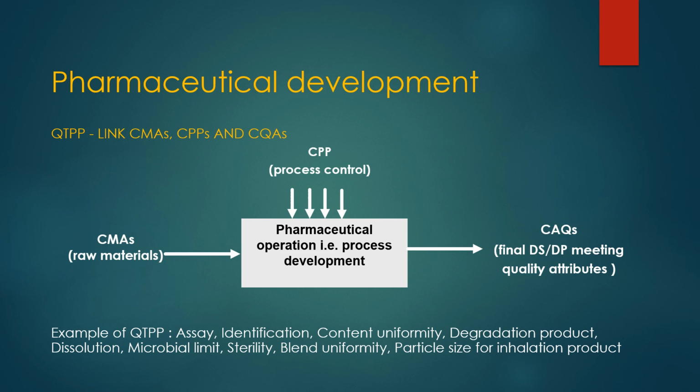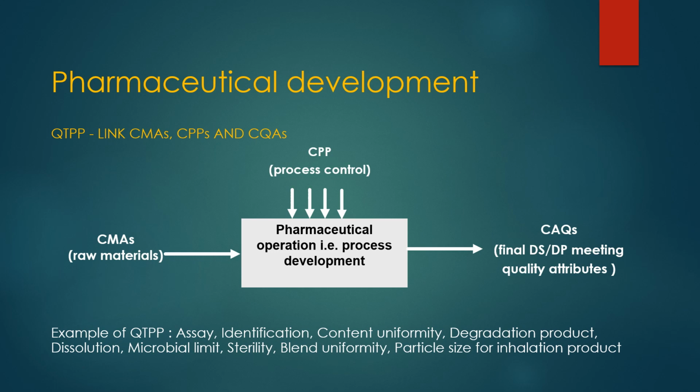These CQAs can be assay, identification, content uniformity, degradation of product, dissolution, microbial limit, sterility, plume uniformity, particle size for inhalation product. Let's consider the example of a tablet. The selection of the input materials with the right attributes such as particle size or granule size.